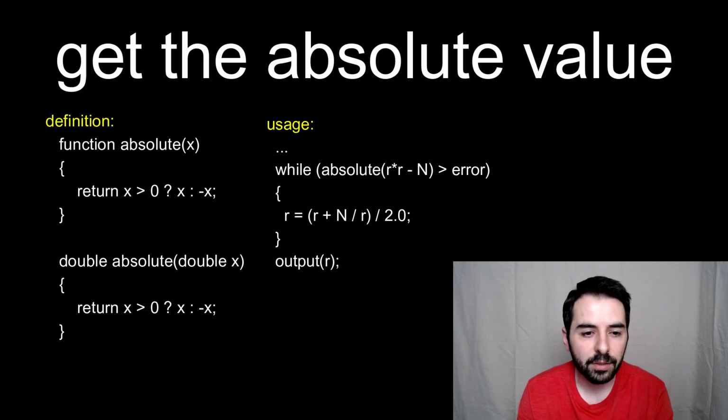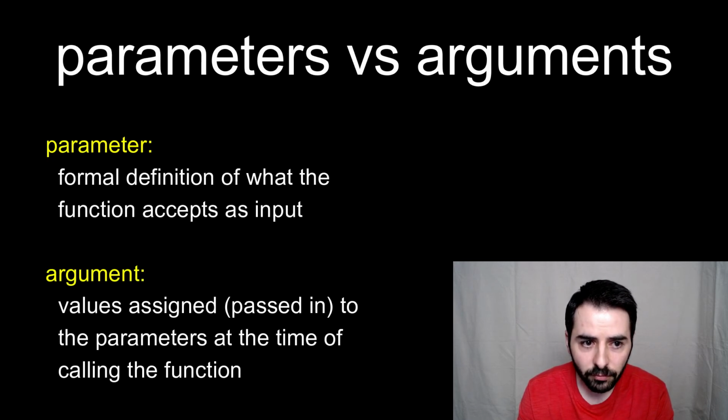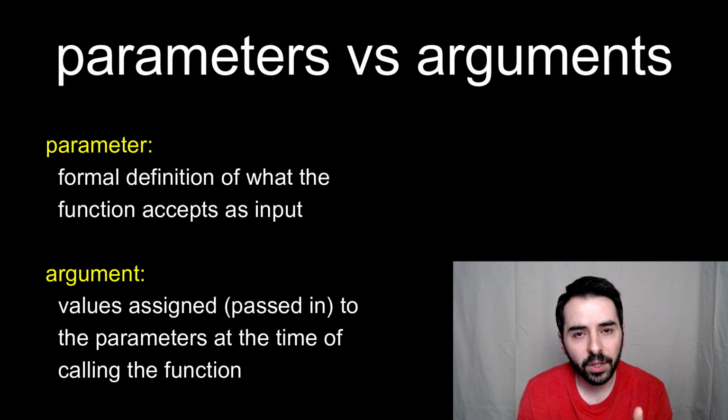So this pretty much covers the basic way of defining a function, declaring a function, and then invoking a function. One important distinction in these terms: when you define a function, the input parameters are called parameters.